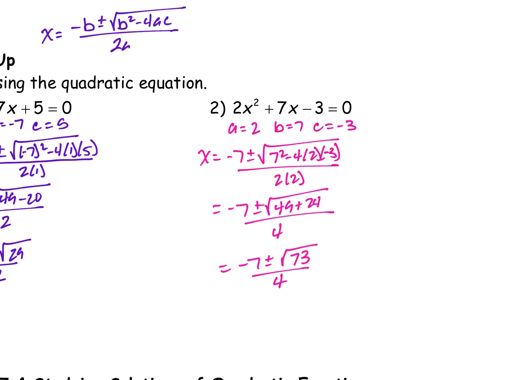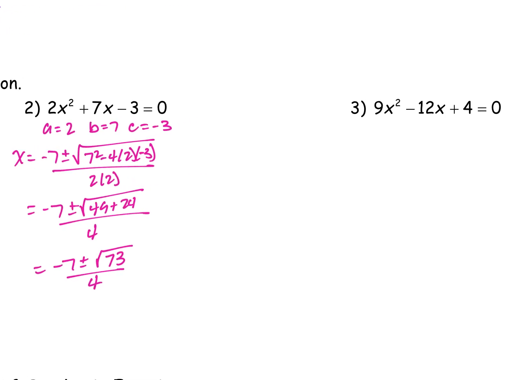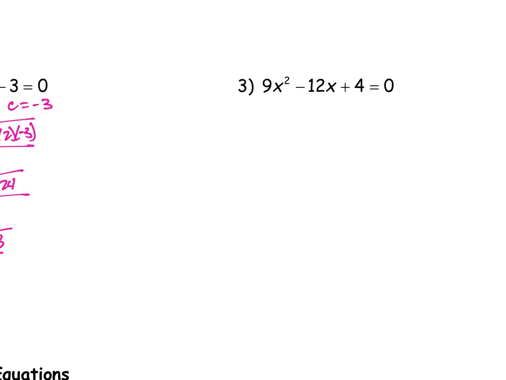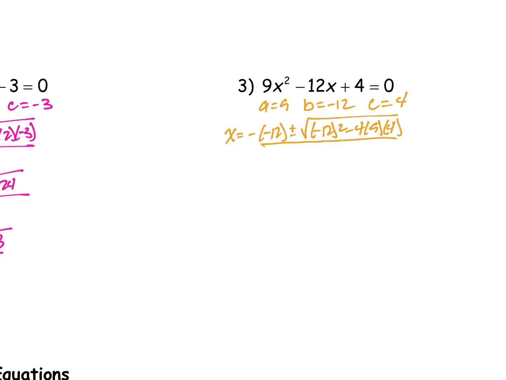Okay, and then number 3, a equals 9, b equals negative 12, and c equals 4. So minus a negative 12 plus or minus the square root of negative 12 squared minus 4 times a times c, all divisible by 2 times a.